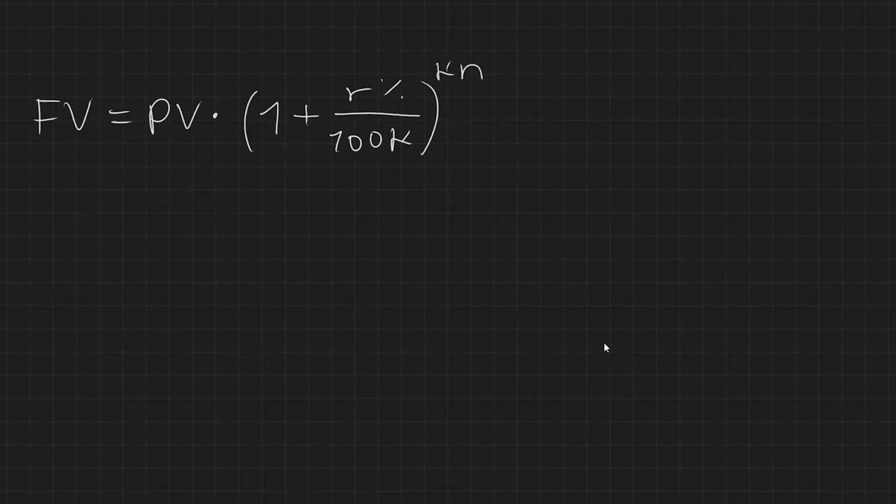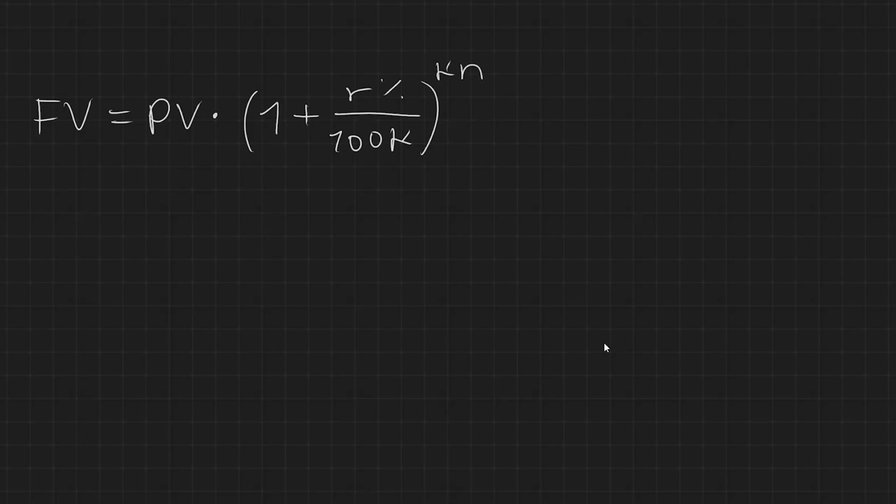The future value is equal to the present value multiplied by 1 plus the nominal annual interest rate, r in percent, over 100, and this 100 is to account for the percentage here, divided by k, which is the number of compounding periods, all to the power of k multiplied by n, which is the number of years.